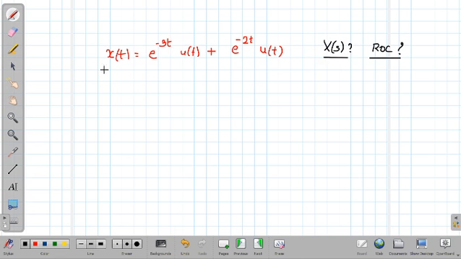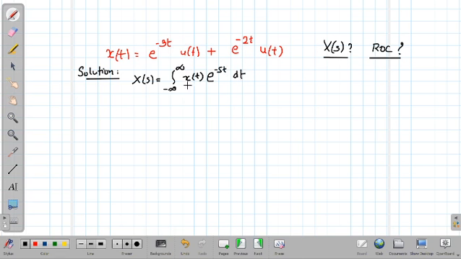Okay, so this is the signal. Now let's start with the solution. First of all, we must define what is a Laplace transform. The Laplace transform x of s equals the integral from minus infinity to infinity of x of t e raised to minus st dt.